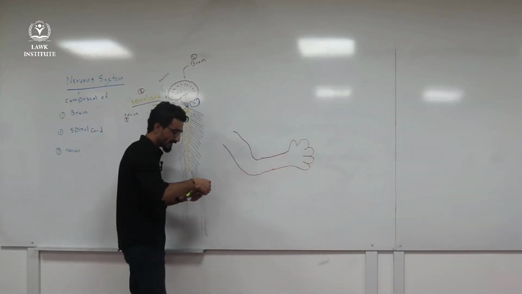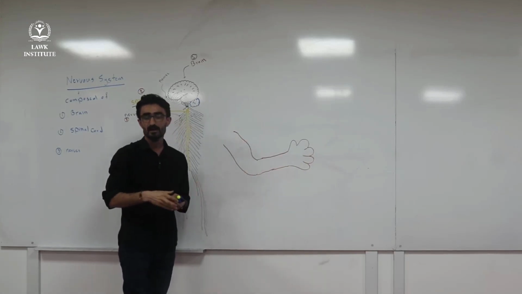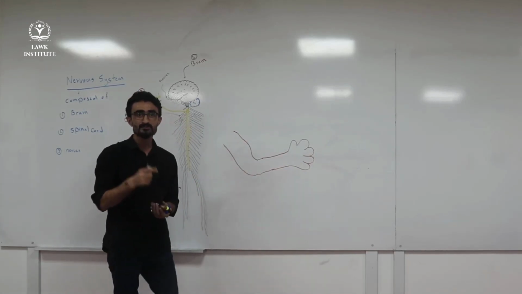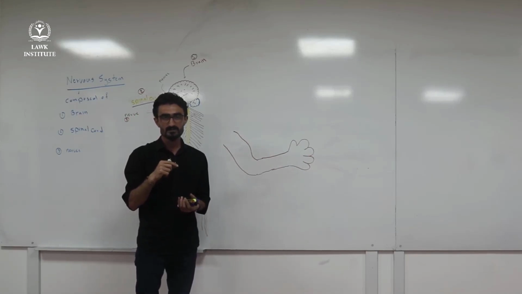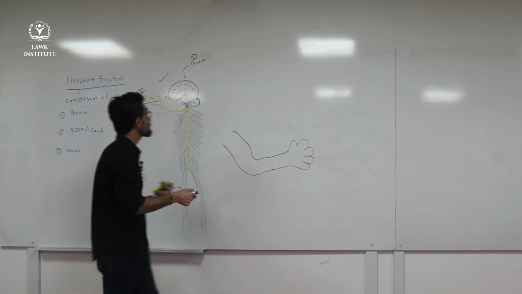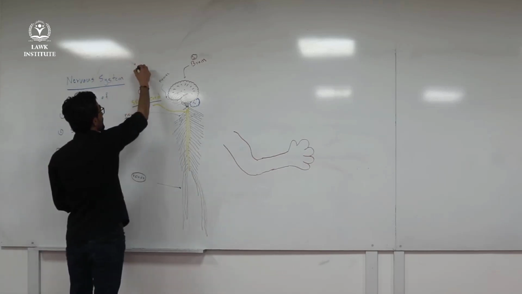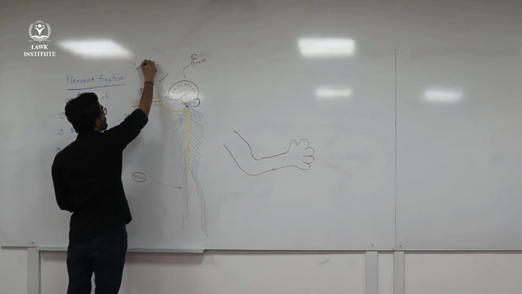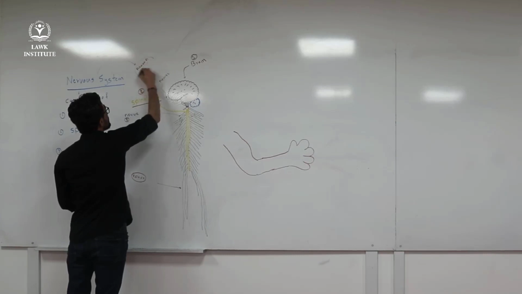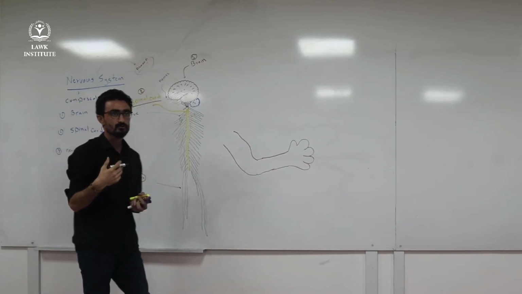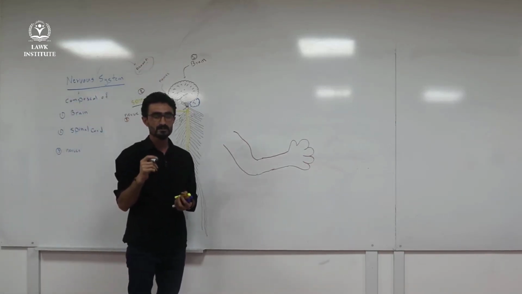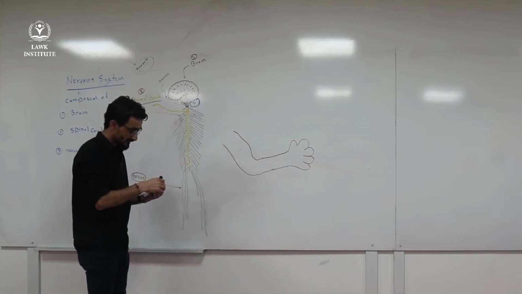Okay, here we have a specialized kind of cell that is called the building block of the system, which is known as a neuron. So the nervous system has a building block cell called a neuron. From now on, we call neurons the building block cells of this system.